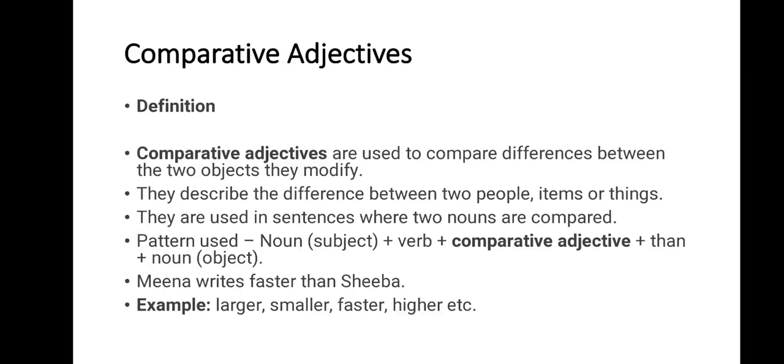Plus the word than, and plus the second noun or the second object, Sheba. Now the examples for comparative adjectives are larger, smaller, faster, higher, etc. The base word plus the er forms of it.